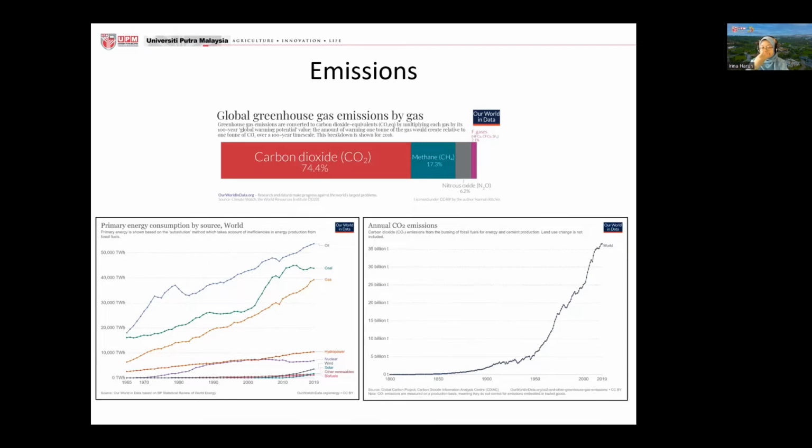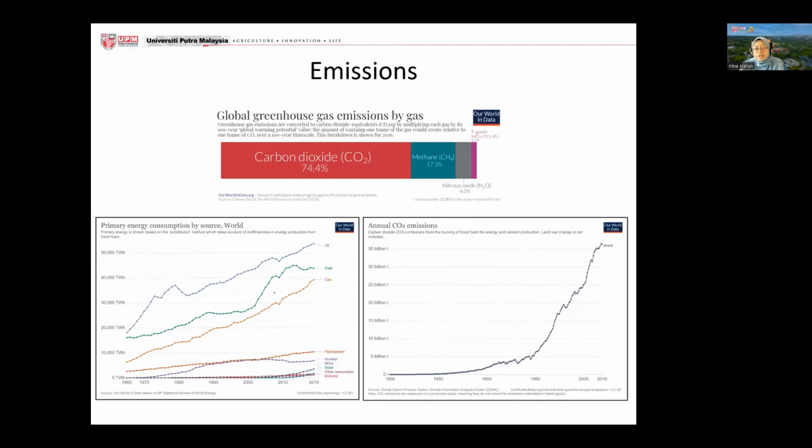Of course, the global greenhouse gas emission is monopolized by carbon dioxide at 74%. However, the others are also a lot. 17% is methane, and methane is much, much worse. Its greenhouse effect is much worse compared to carbon dioxide.